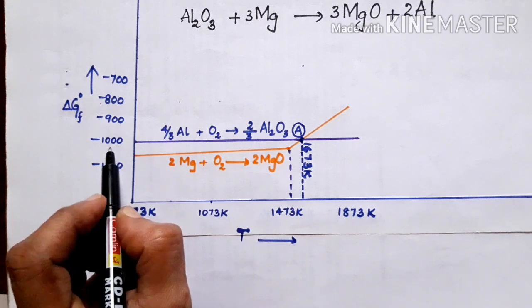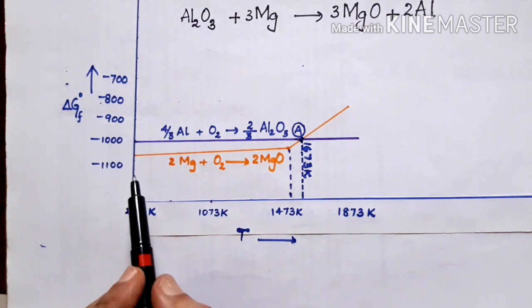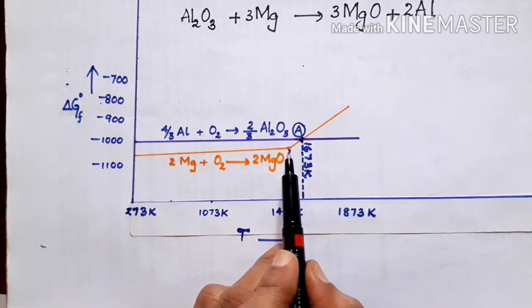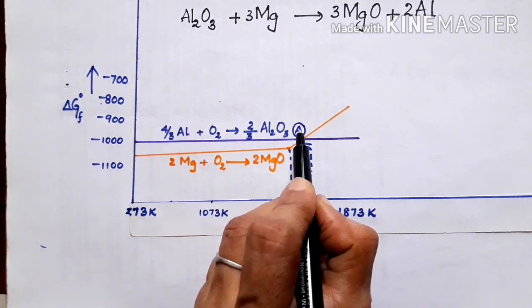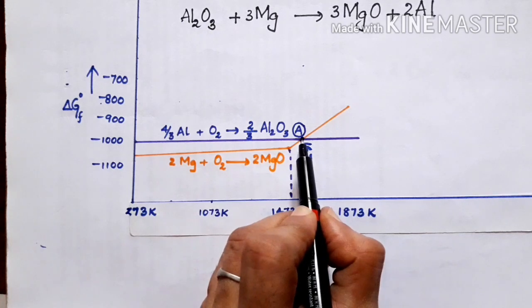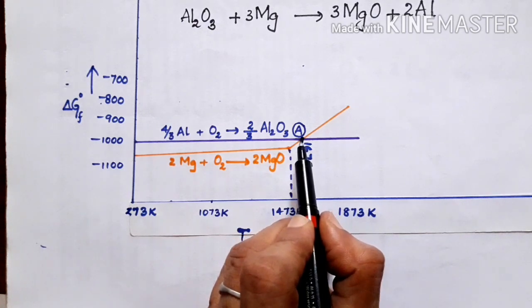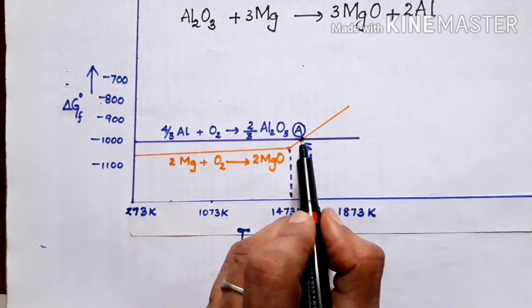Now you find that this graph is the lower line up to the intersection point A. At the point A, you find that there is no change in Gibbs free energy. So delta G0 formation at the point A will be 0.